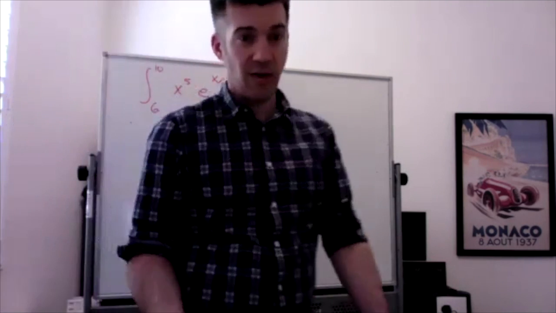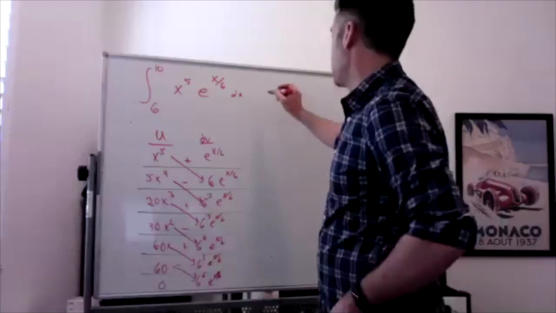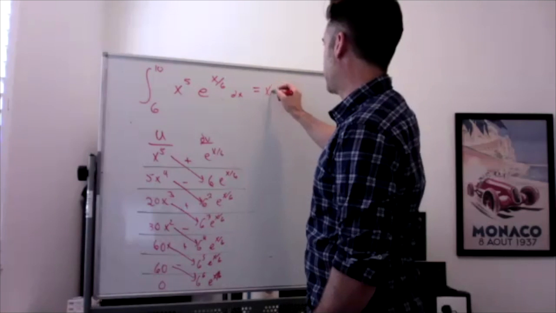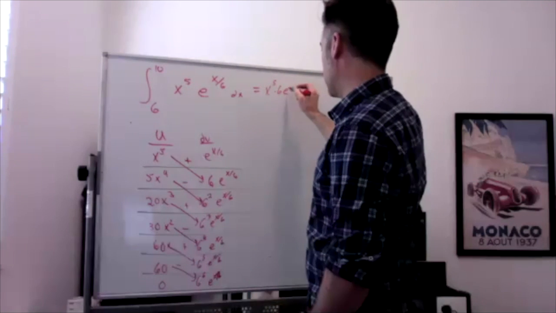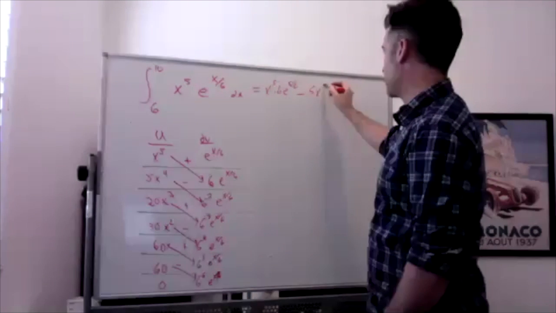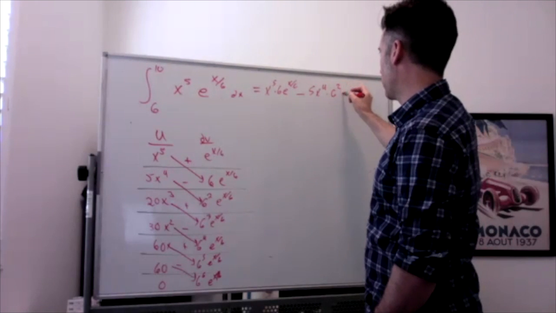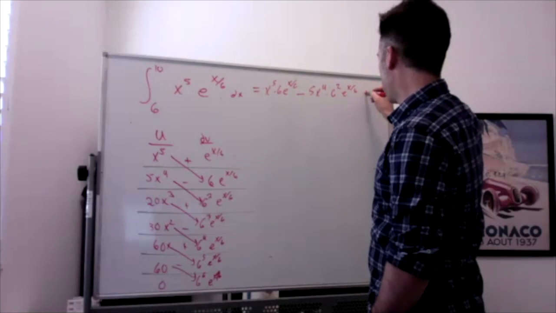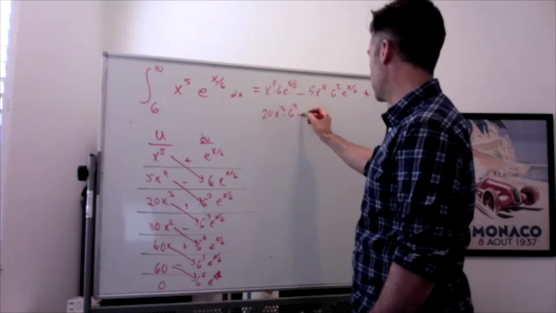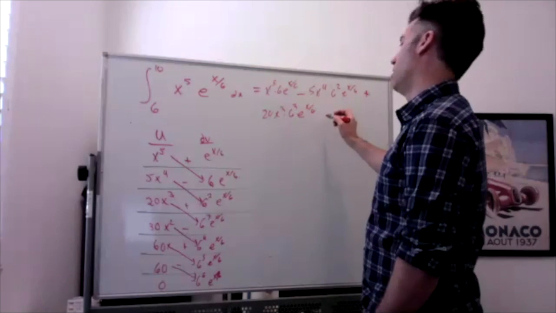So it's a pain to write out, but your answer is going to be x to the 5th times 6 e to the x over 6 minus 5x to the 4th times 6 squared e to the x over 6 plus 20x cubed times 6 cubed e to the x over 6. Whew.